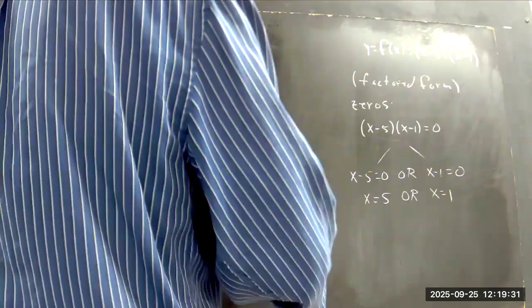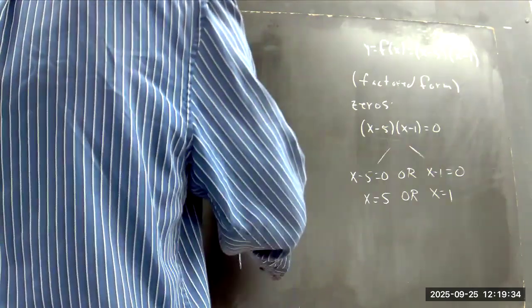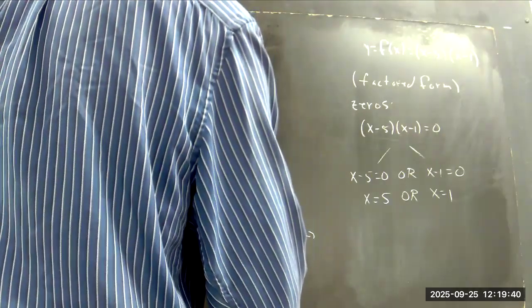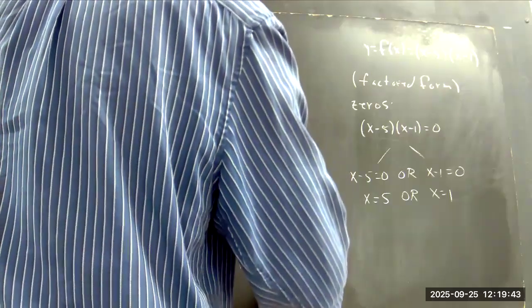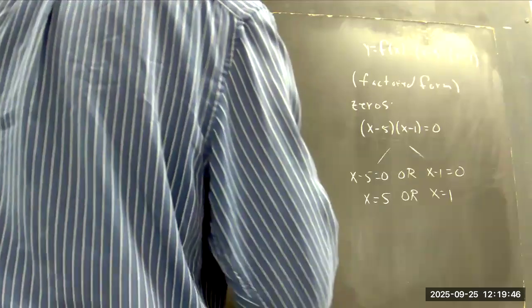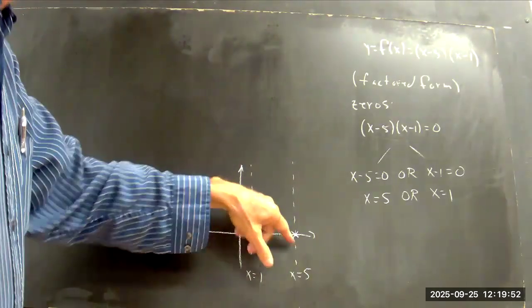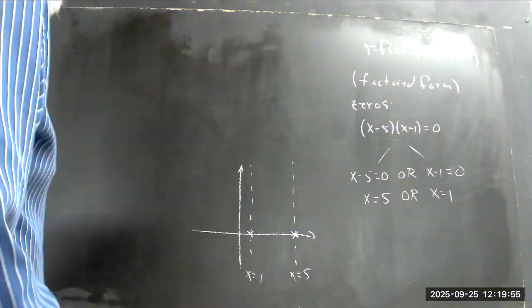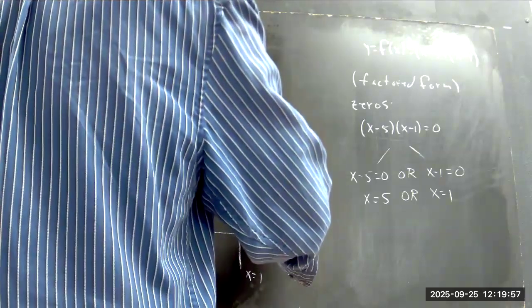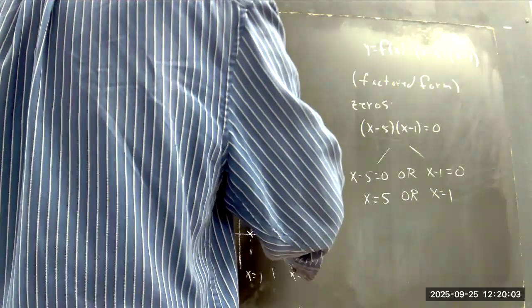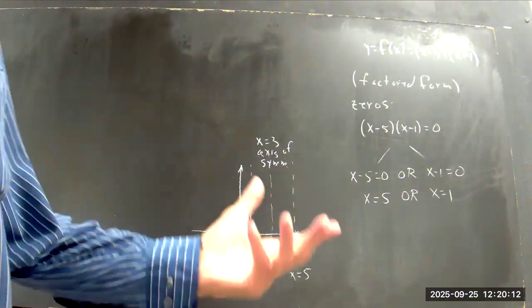Okay, so now we can begin constructing the graph. And there are the x-intercepts. Not only that, but the axis of symmetry is halfway between, so we've got a lot of our familiar information already.